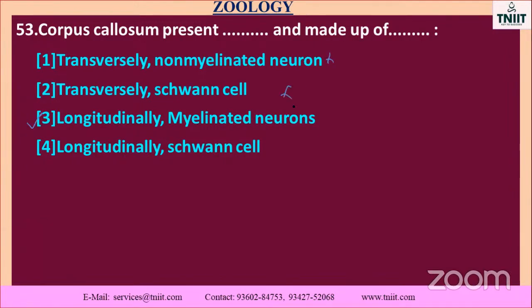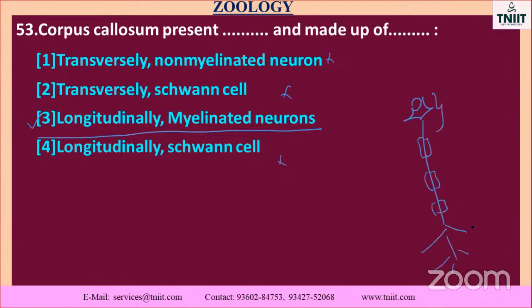This is considered myelinated. This is neuron structure: cyton, axon, and dendrites, and here the Schwann cell nucleus is also there.